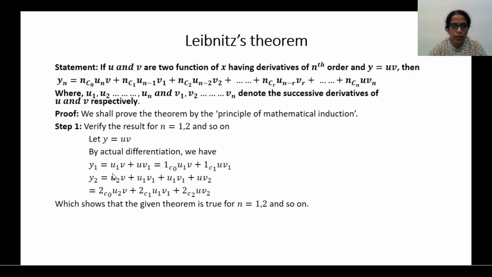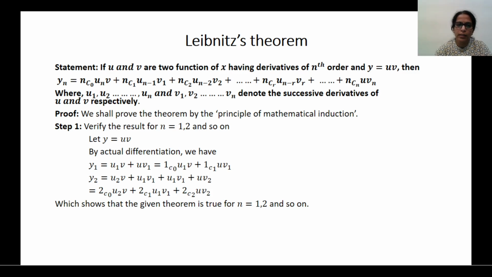It's u1 into v plus u into v1. This can also be written as 1C0 u1 v plus 1C1 u into v1, because the 1C0 value is 1, and 1C1 value is also 1. Therefore the result is true for n equal to 1.